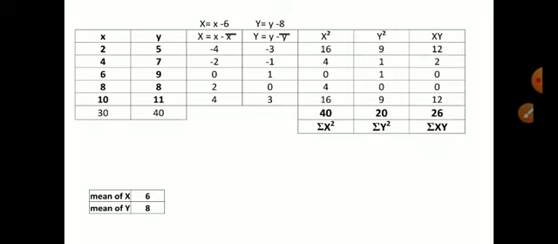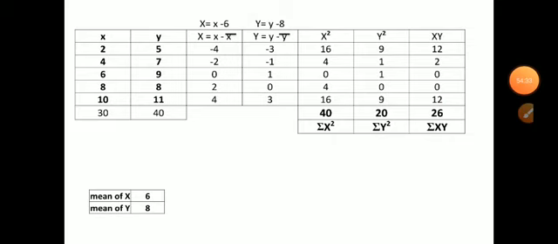Similarly for Y square: 9, 9, 1, 1, 0, and 9. Now multiply X and Y to calculate XY: minus 4 into minus 3 is plus 12, minus 2 into minus 1 is plus 2, 0 into 1 is 0, 2 into 0 is 0, and 4 into 3 is 12.